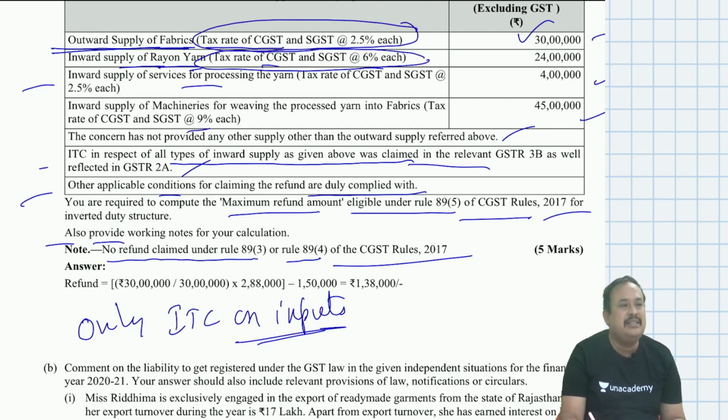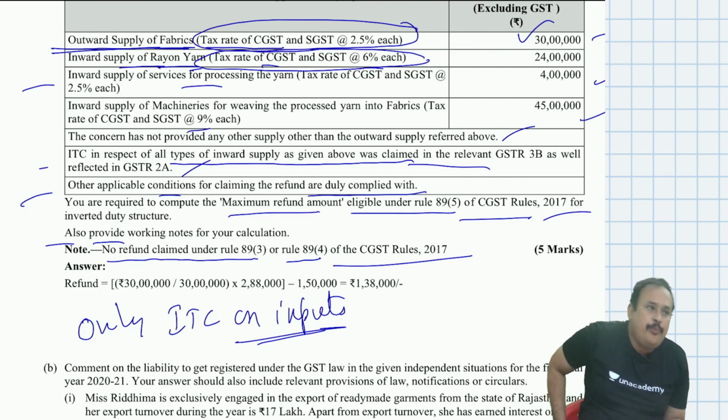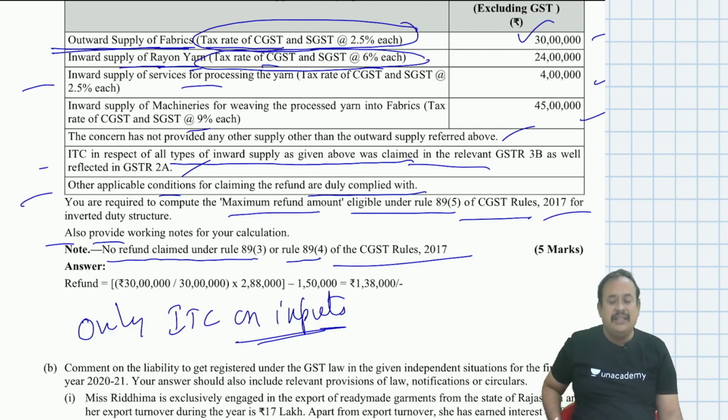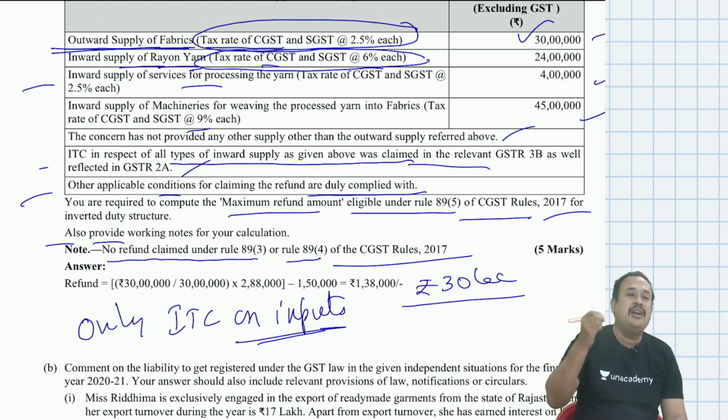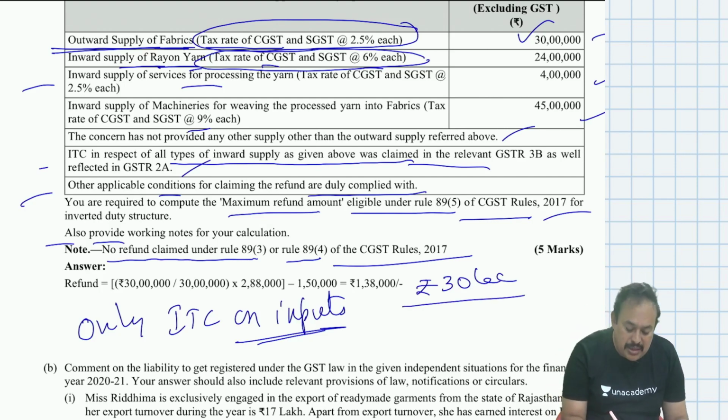It is the inverted tax structure. So in the given case, turnover of inverted rate, output turnover, how much here? It is 30 lakh divided by total turnover. Total means here it is 30 lakh.